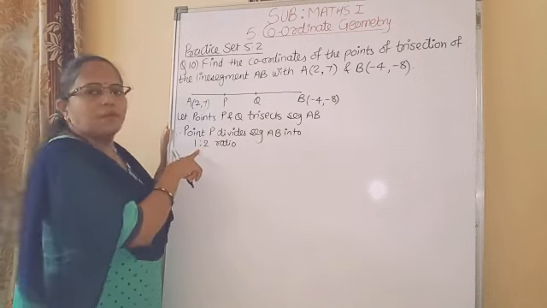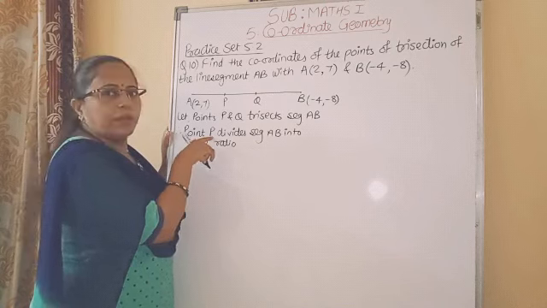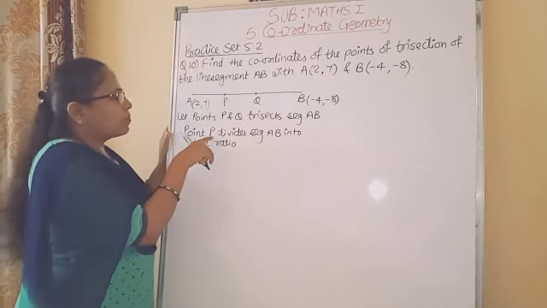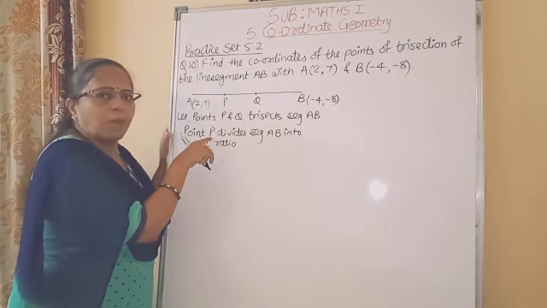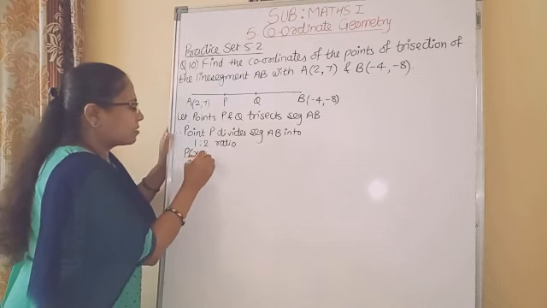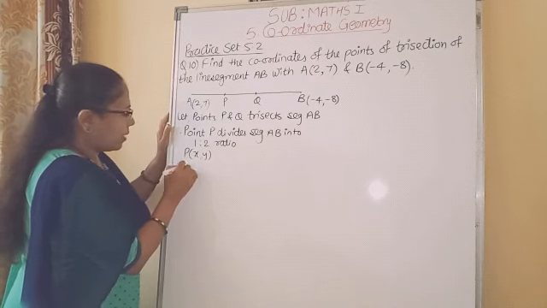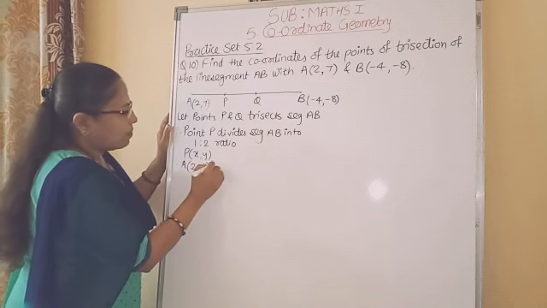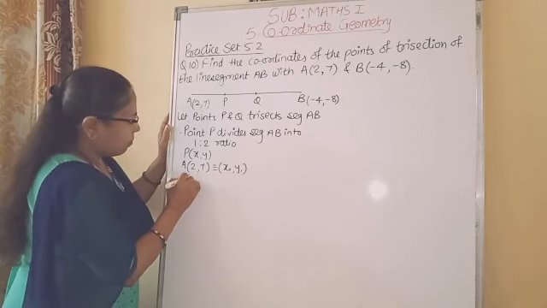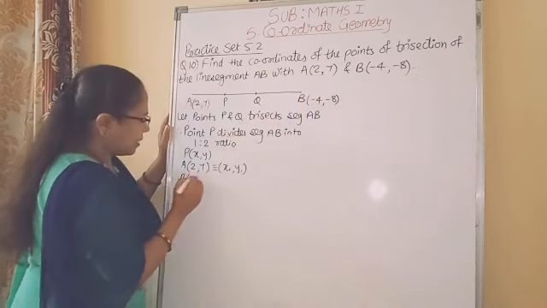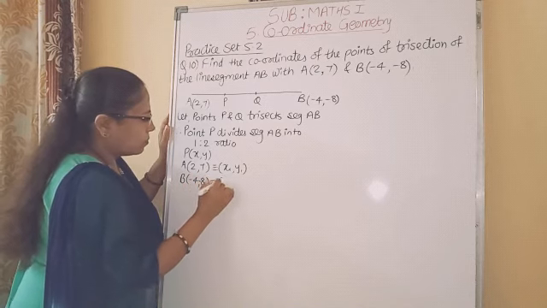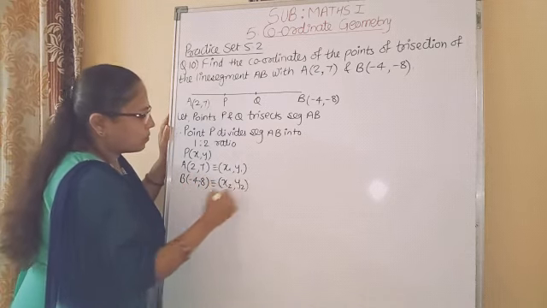Followed. So here to find the coordinates of point P, we will use the section formula. So let's assume the coordinates of point P be x, y, coordinates of point A 2, 7 we will assume as x1, y1, coordinates of point B are -4, -8 equal to x2, y2.